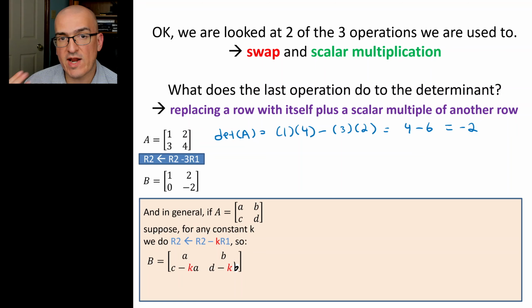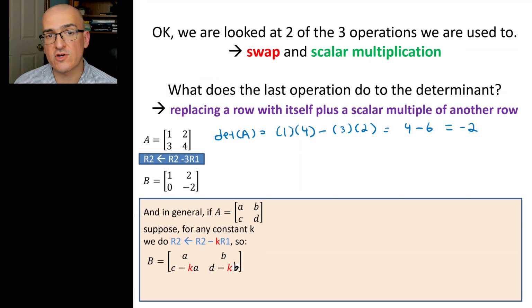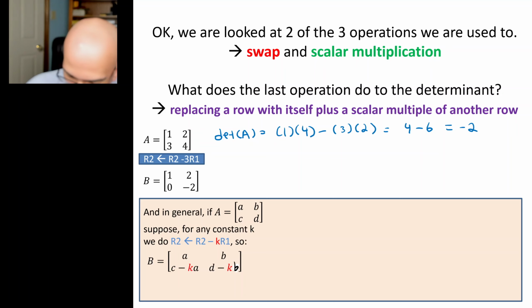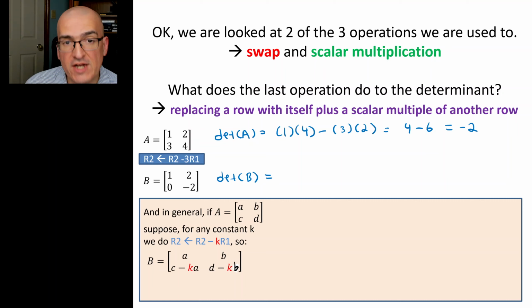And then see what happens if we make that top left leading one happy, if we replace row 2 by row 2 minus 3 times row 1. Now take the determinant of that partially row reduced matrix. So what is the determinant of B? Is there any change? Is there any cost to this type of move?